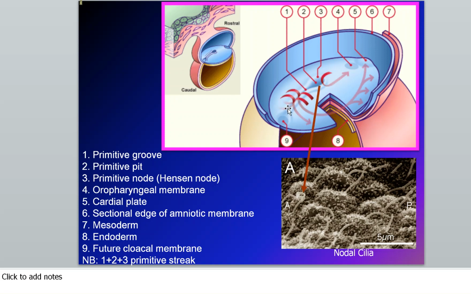When the streak is formed, the epiblast cells around the streak start to move toward the streak, and they go down through it. This mechanism of cells going down to the underlying surface is called invagination. For the invagination of the epiblast cells, some changes have to happen in the epiblast layer.